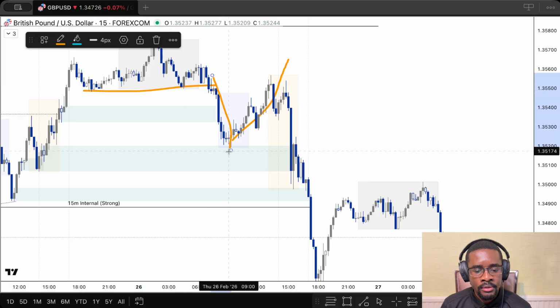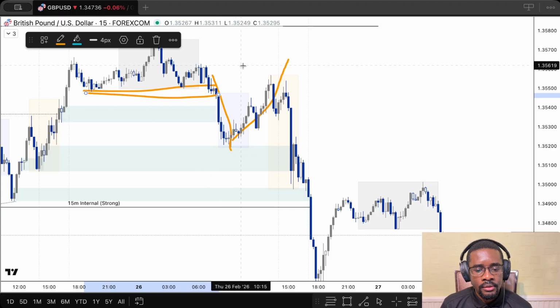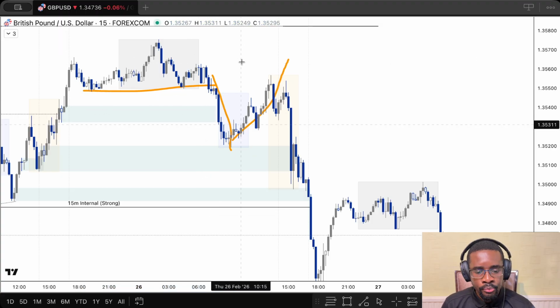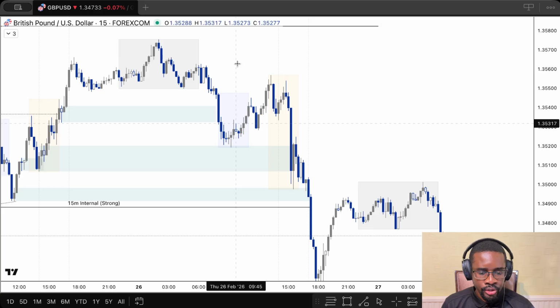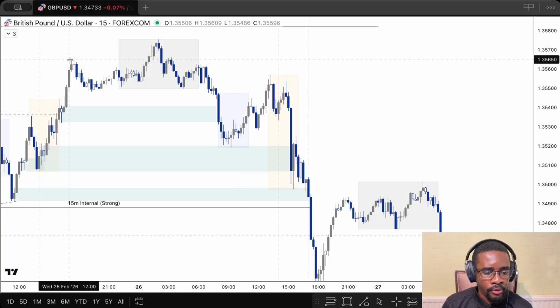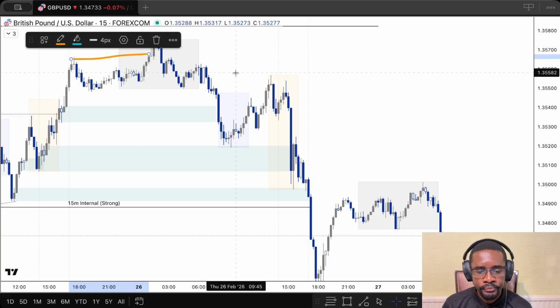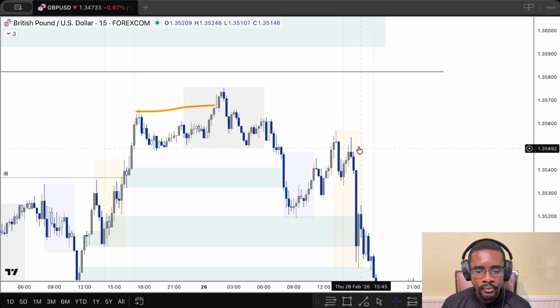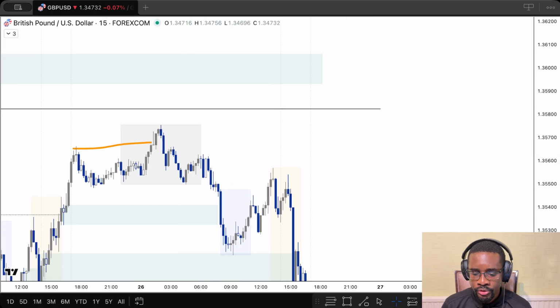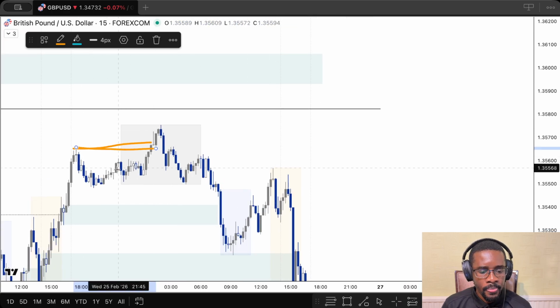Price just melted, and once it broke structure like this, we shifted from bullish structure to bearish structure.